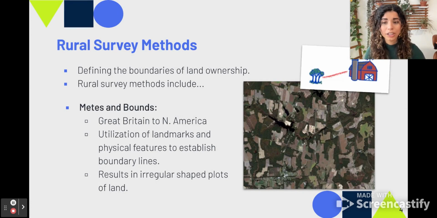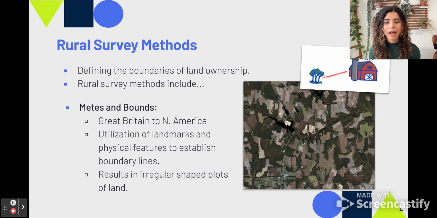So for rural survey methods, this is just a way of defining boundaries. A lot of this has to do with land ownership. Some of these are a little bit more modern than others. If we look at this first one, Metes and Bounds, this began in Great Britain and then eventually diffused over to North America. If you look at this photo here, an aerial satellite photo of what it looks like to use the Metes and Bounds system, they use landmarks and physical features to establish boundary lines.